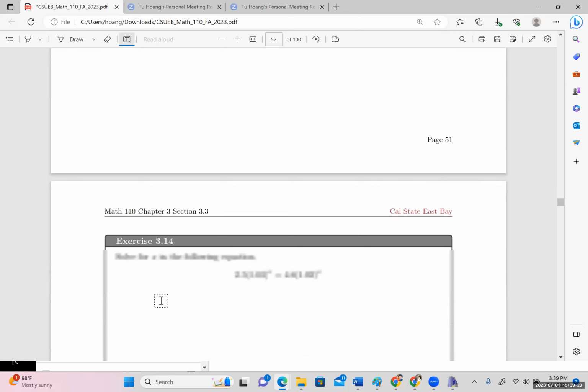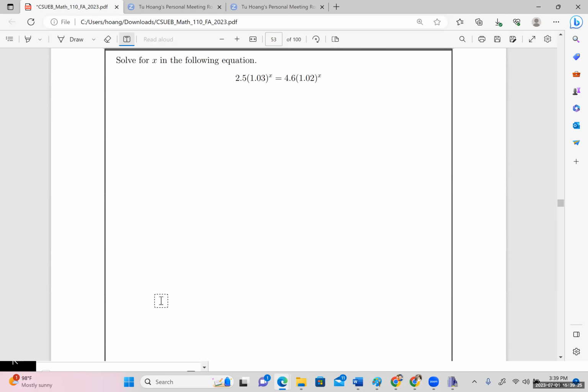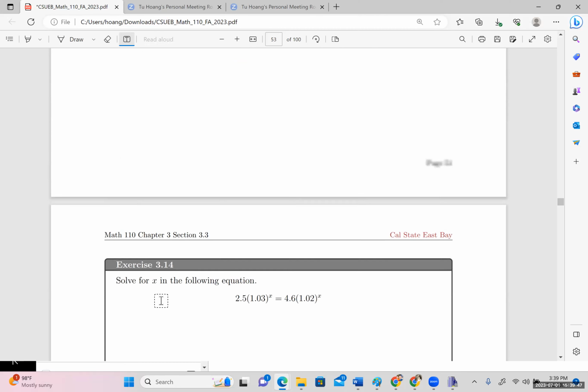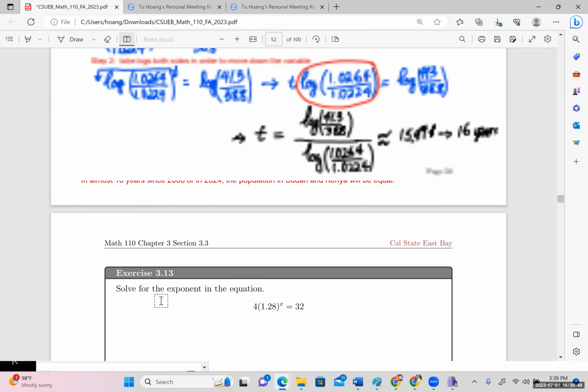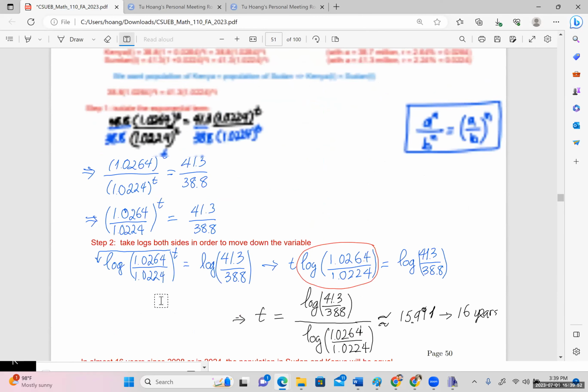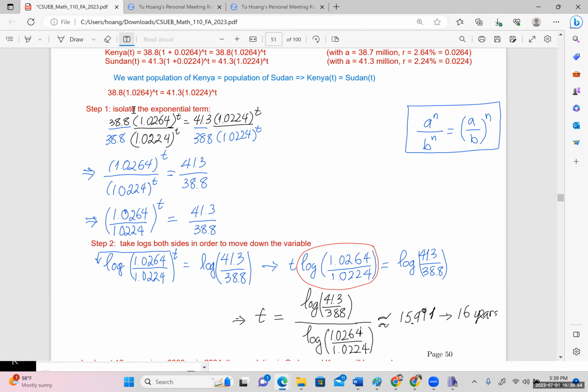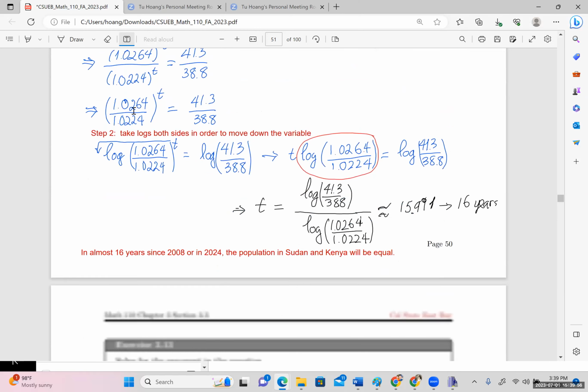And the next one also we'll have to solve for x. I'm going to do this one with you together. When you have an exponential equation, first, like I said, try to isolate the exponential term, right?